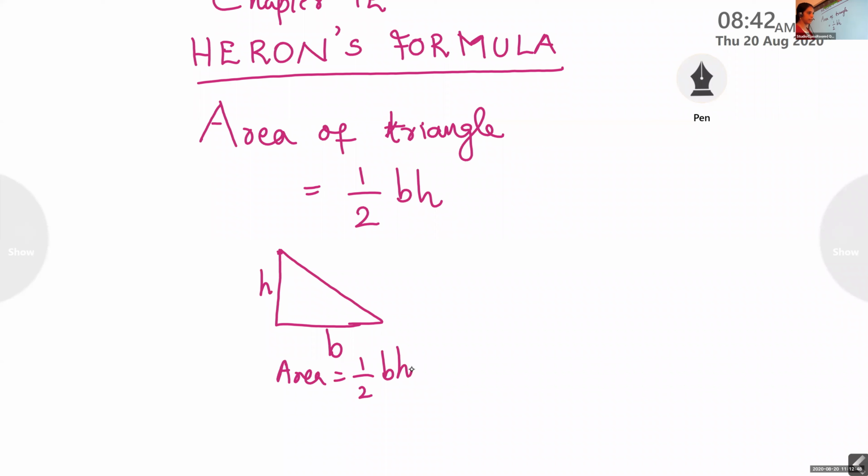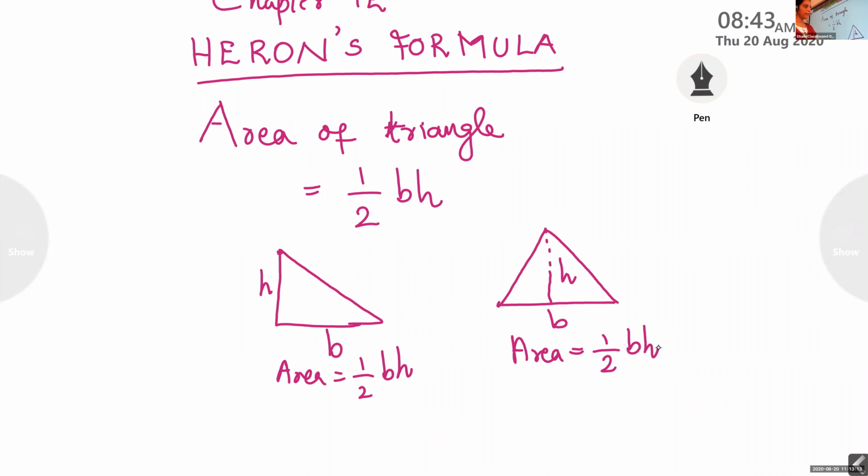You know it, isn't it? Or the triangle should be in the shape like this, where H is the altitude and B is the base. So area equals half BH. For these two types, we are using area equals half BH.